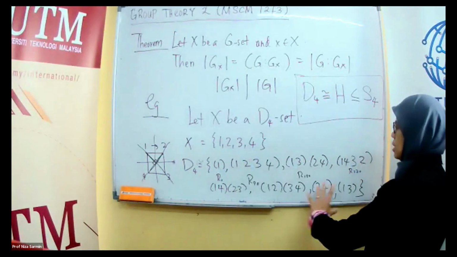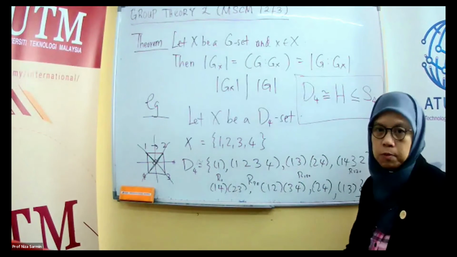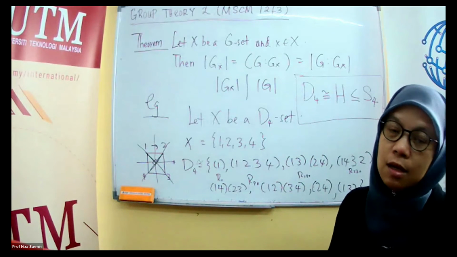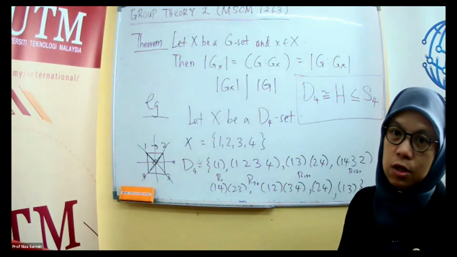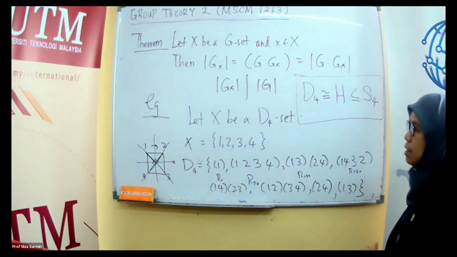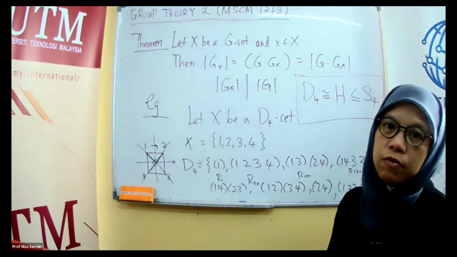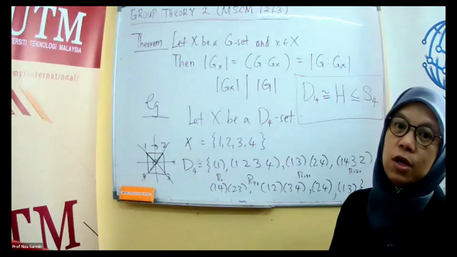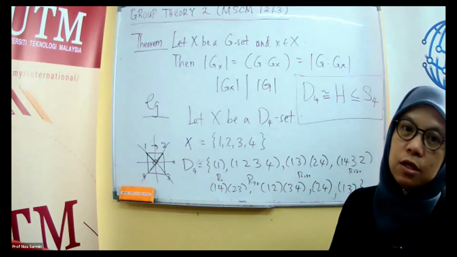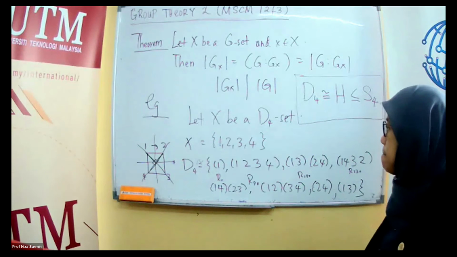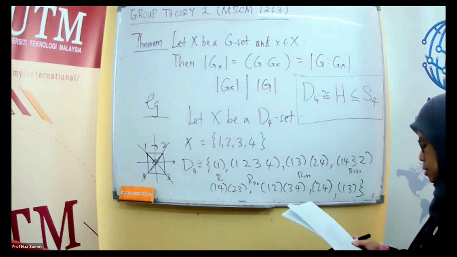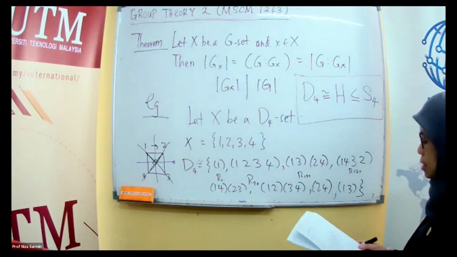S4 is of order 24, so we want to find a subgroup of order 8 which is isomorphic to D4 in terms of permutations. This is how I get the subgroup of S4 of order 8 to match D4 by rotation and reflection, yeah?